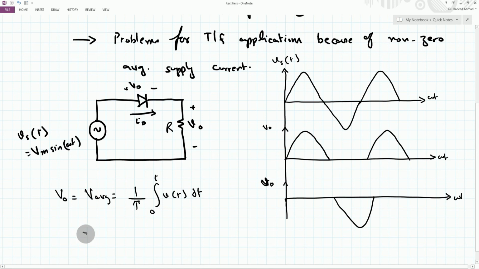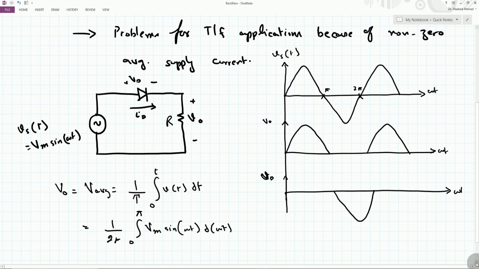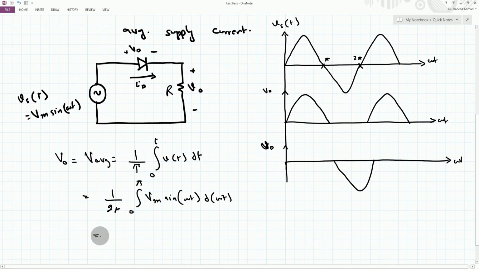If I simply integrate this, it is 1 over 2 pi. This is pi, this is 2 pi. So we have 0 to pi of Vm sine omega t d omega t, and this gives us a value equal to Vm over 2 pi into 1 plus 1, and that is equal to Vm over pi.